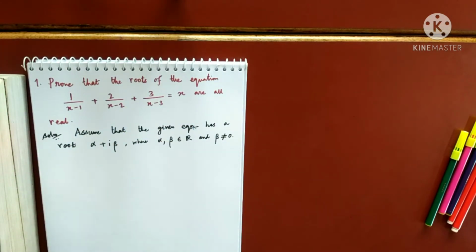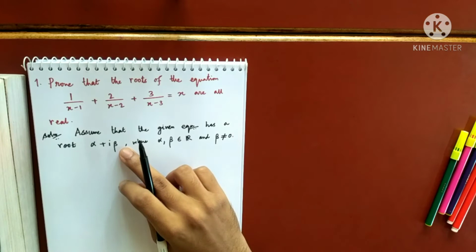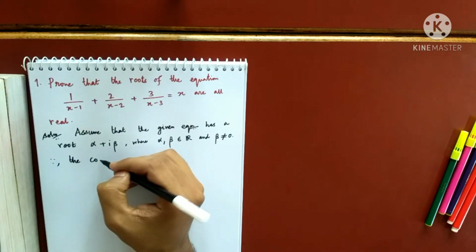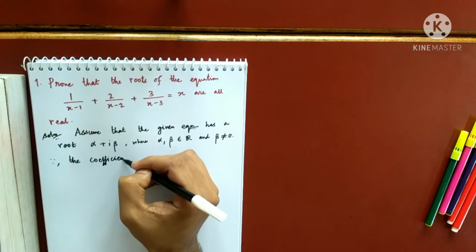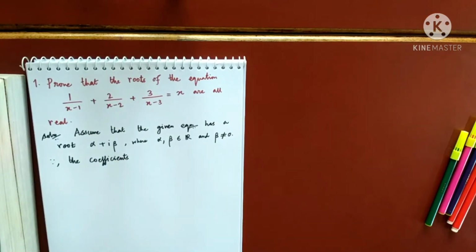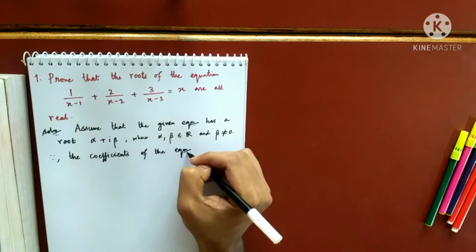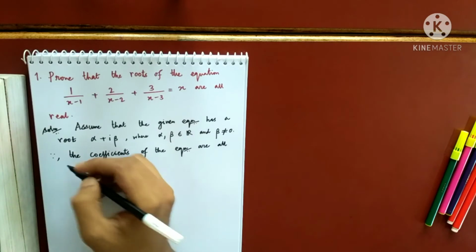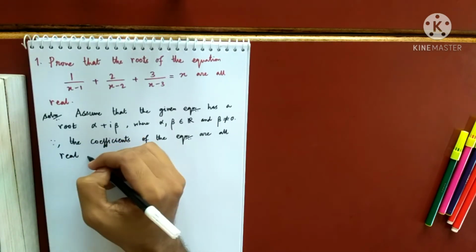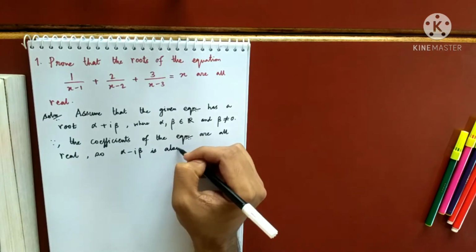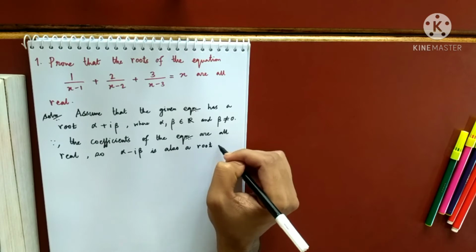That is important, okay? If the coefficients are real, that means if alpha plus I beta is a root, then alpha minus I beta will also be a root by the previous theorem. So since the coefficients of the equation are all real, alpha minus I beta is also a root of the equation.